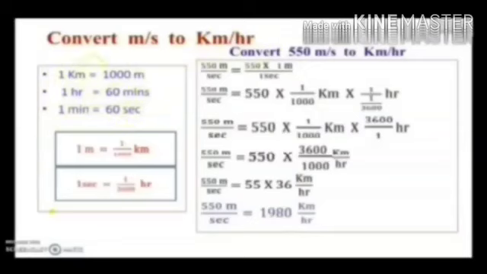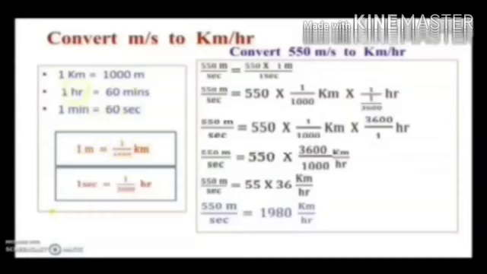From the first relation, we can write 1 meter is equal to 1 over 1000 kilometer. In the place of meter, we can write 1 over 1000 kilometer. To convert meter to kilometer, we divide the quantity by 1000.